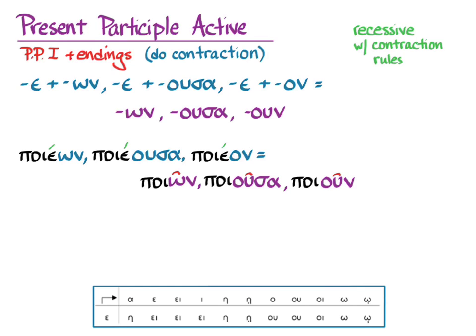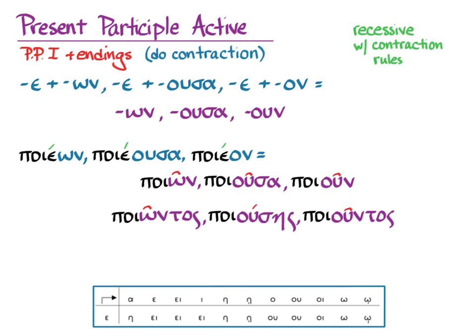Now, it's a participle, so we need to know what stems we're going to use in all of the other cases, numbers, and genders. And remember, with the active, you need to look at the genitive to see that, because we'll need to see what those third declension, masculine and neuter forms are going to do. So what we'll get is poiountos, poiouses, poiountos.